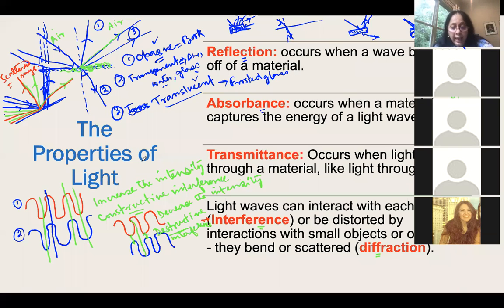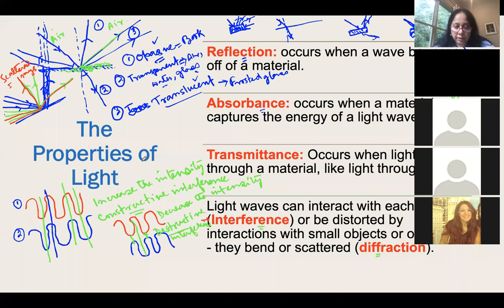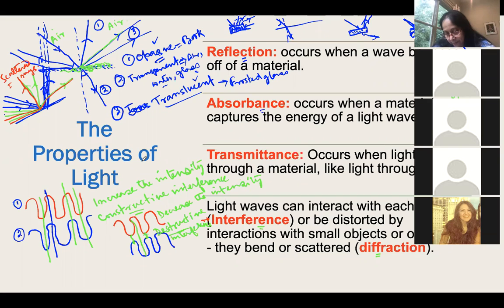If you can answer that, if you understand how these words like reflection, absorbance, transmittance, interference, all these properties of light, are related with the microscope, that means you got the concept. After reading the text, if you feel that it does not make sense, that means you didn't get the concept. Did you get me? Yes, ma'am, I understand.